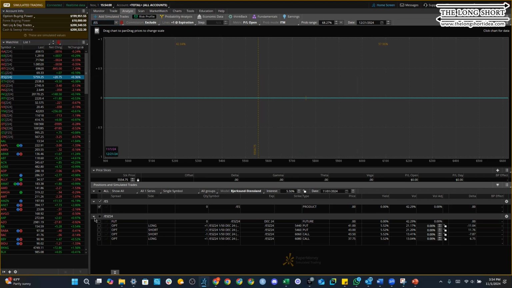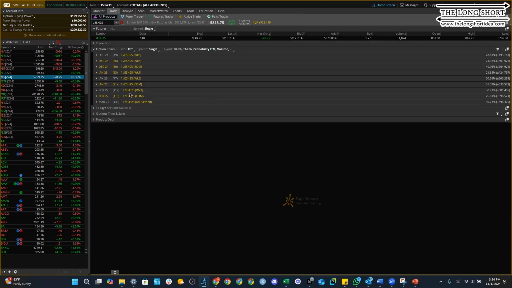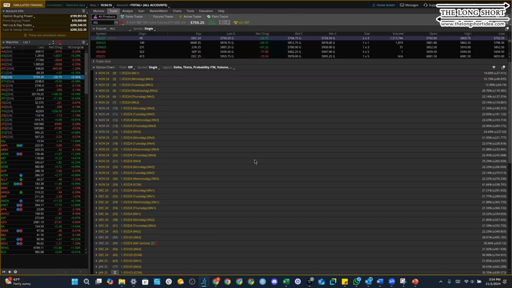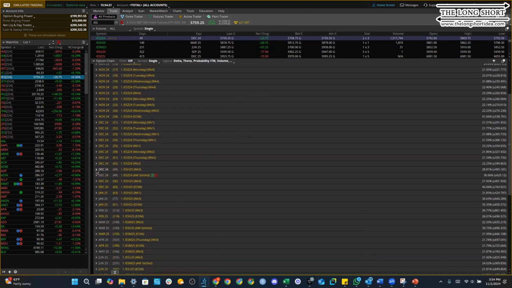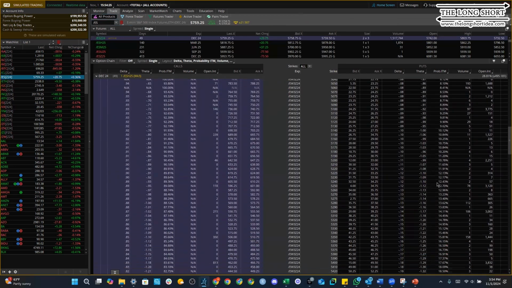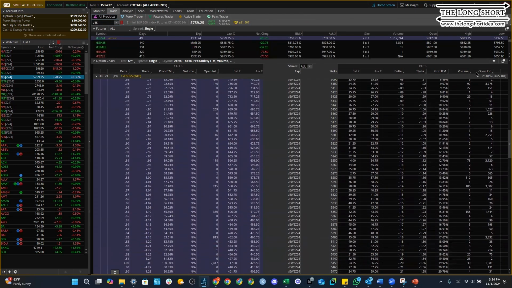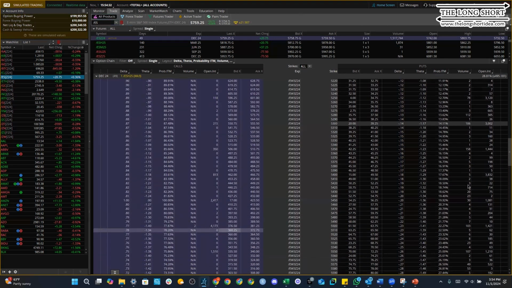Actually, let me just create a new one. So I'm going to sell a new credit spread here. My position is sitting in this AM settled. There's another reason why we trade AM settled. I wanted to show you, look at the open interest and volume columns. These are the columns that I normally have in my view, because this is how we figure out the liquidity in these products.